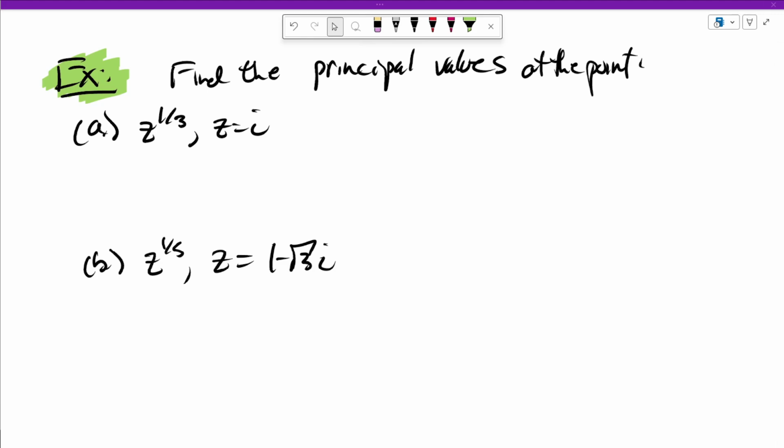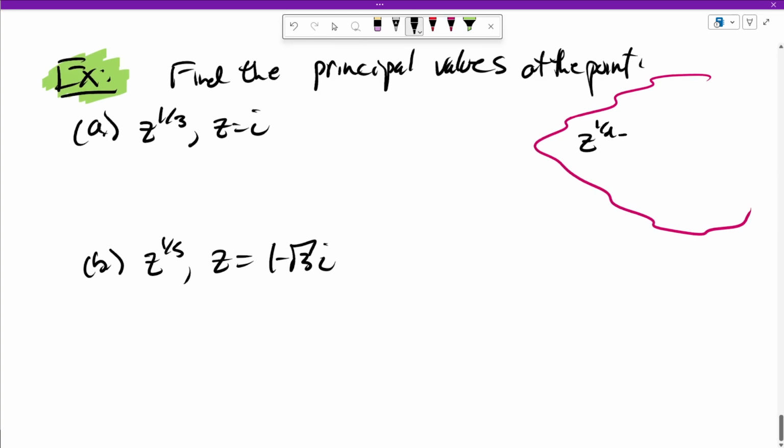Now, again, the rule for computing these is you put it in polar form, you take the nth root of the radius parameter, and then you take e to the i principal argument of z over n. That's the principal nth root. We know that there are n nth roots in general, provided you're not 0. This is just the principal one.